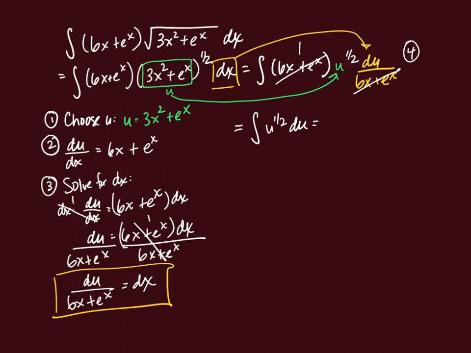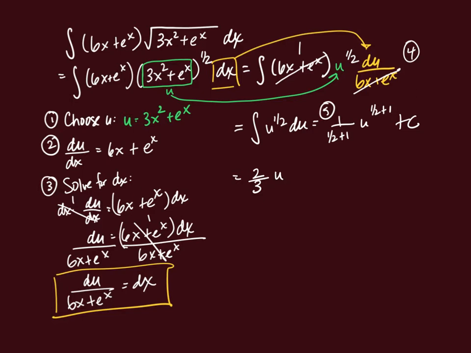So let's see. I'm going to use my power rule here. And 1/2 plus 1 is 3/2, so 1 divided by 3/2 is the same as multiplying by 2/3.